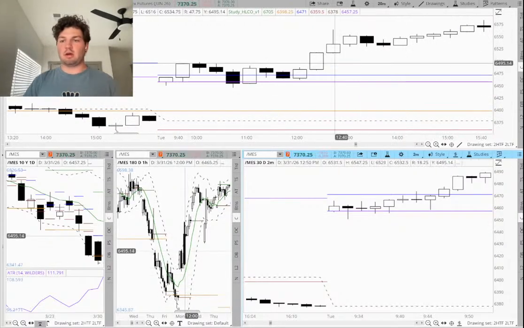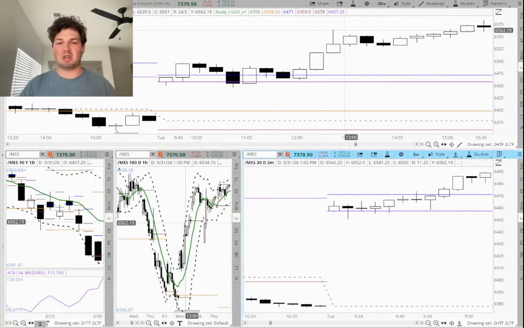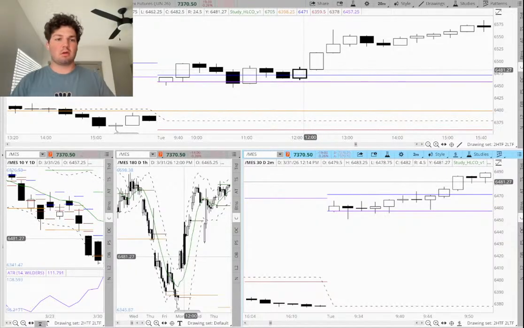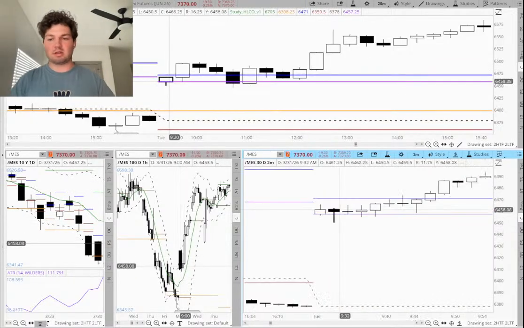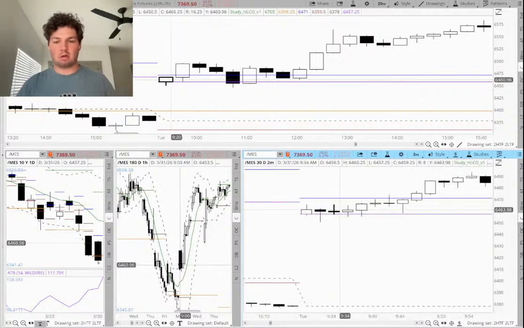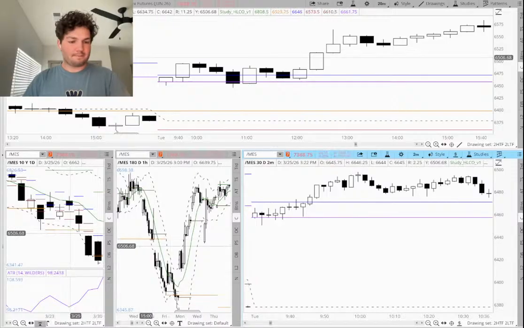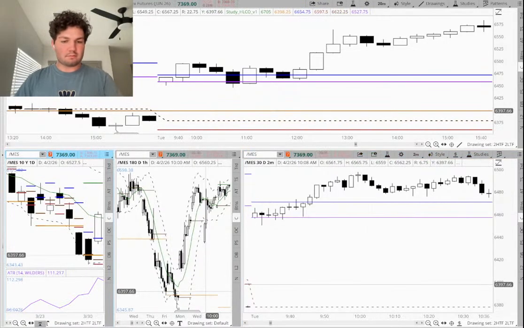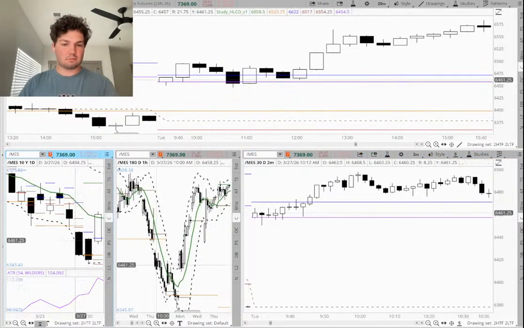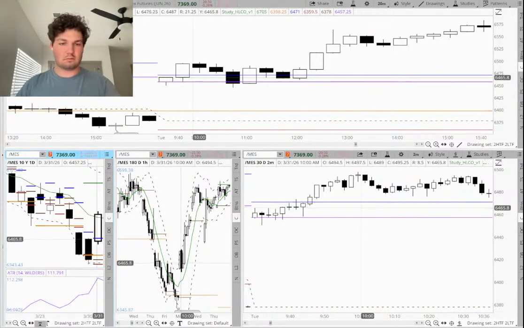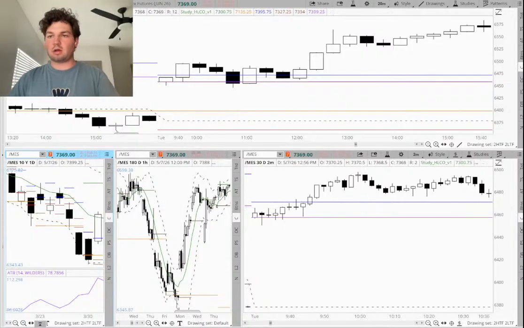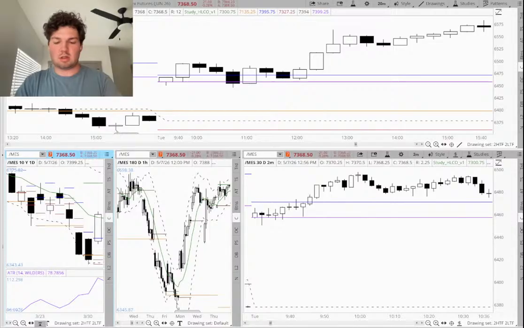You know, this would be a great long opportunity here, but just don't get that opportunity, and that's okay. So 331, that would be a 1R loss. 26, a loss.